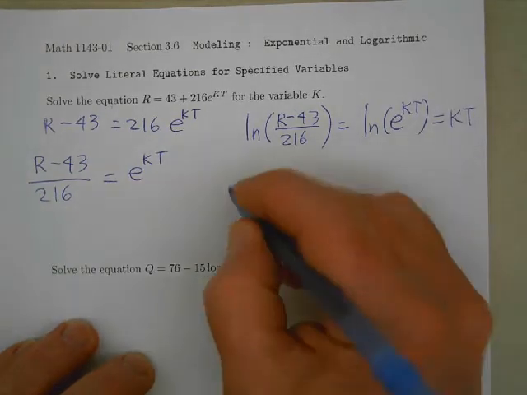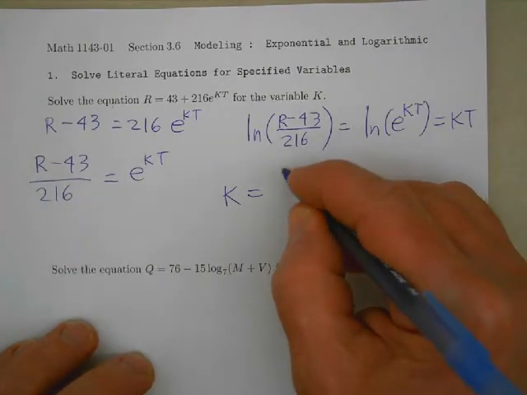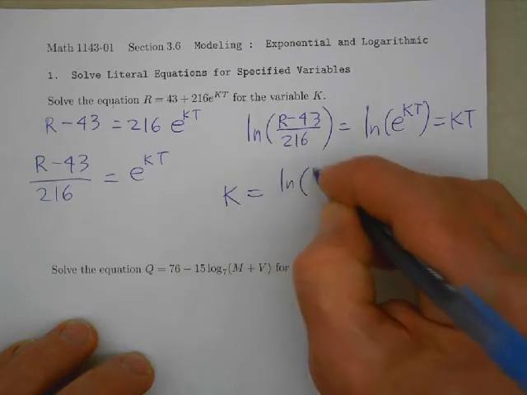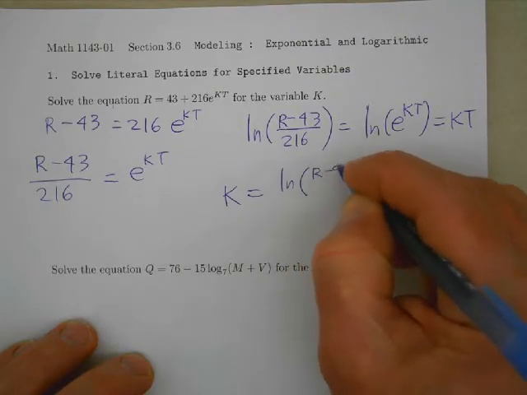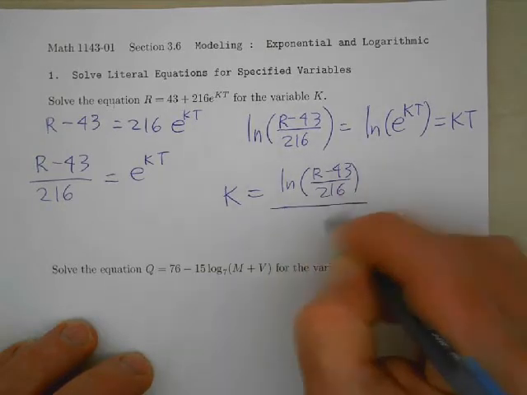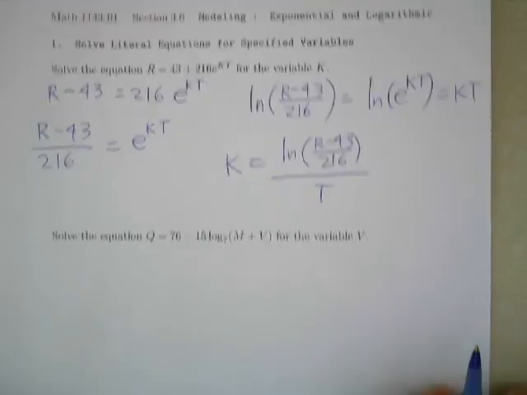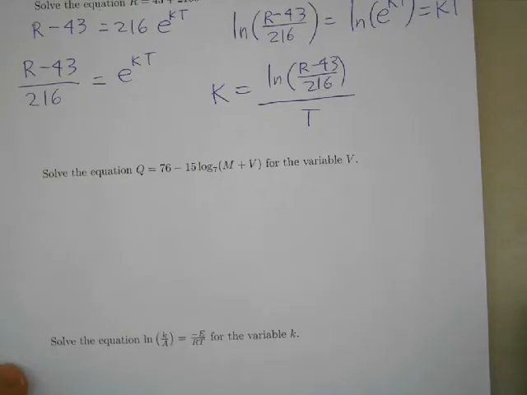And now we're just one step away. Divide both sides by t, so k is equal to the natural log of r minus 43 over 216, all divided by t.